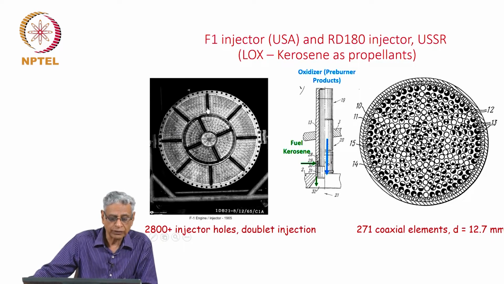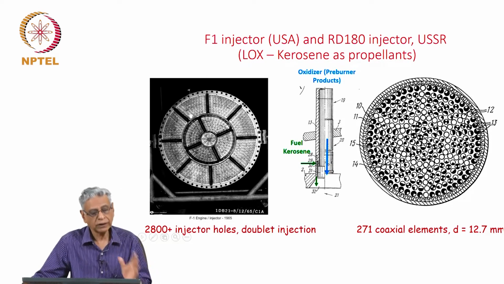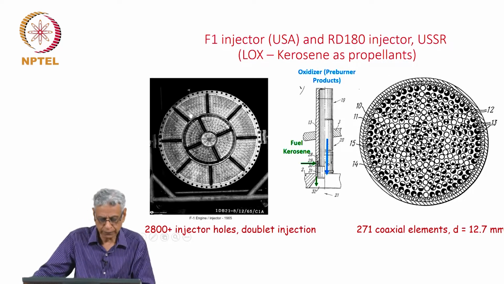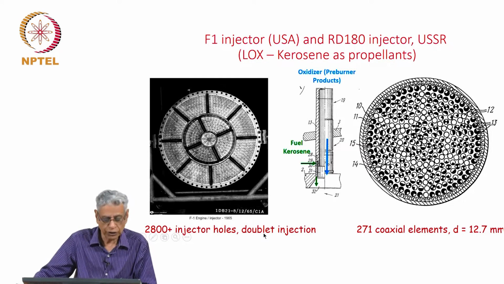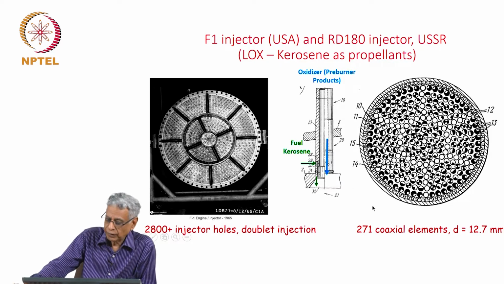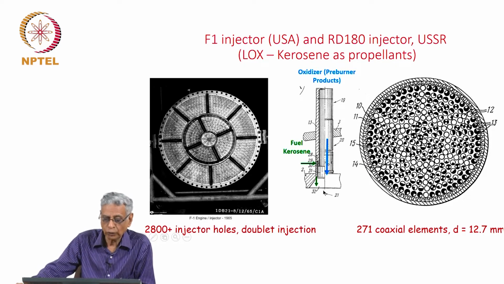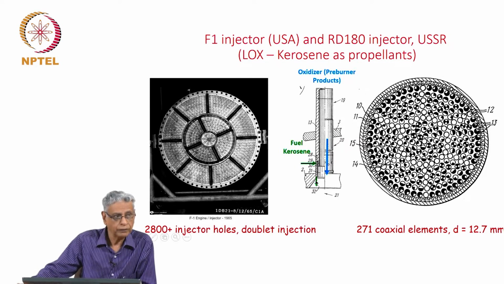You have these baffles located here, radially and also peripherally in this manner, which separate them, and it's stated that it gives them stability, and they came to this conclusion after an enormous number of tests. And in this particular case it is doublet injection. They have tried a variety of injection systems. These are coaxial elements, not as large as this, 271, and these diameters are large. You see the oxidizer pre-burner products come in the coaxial zone, and the kerosene is injected on the side. This is the way in which the injection takes place.